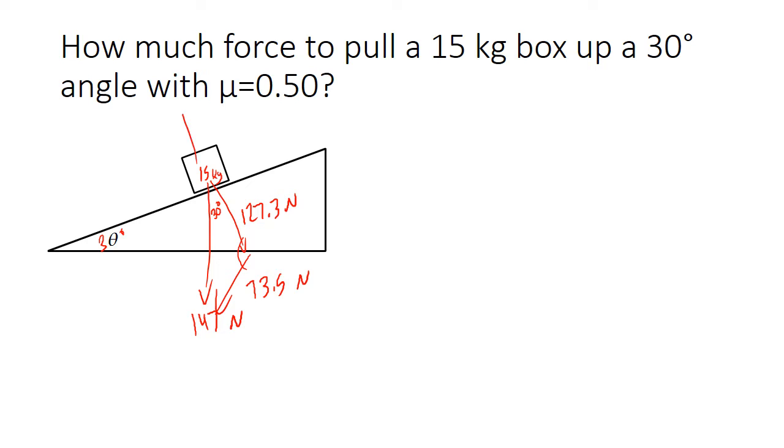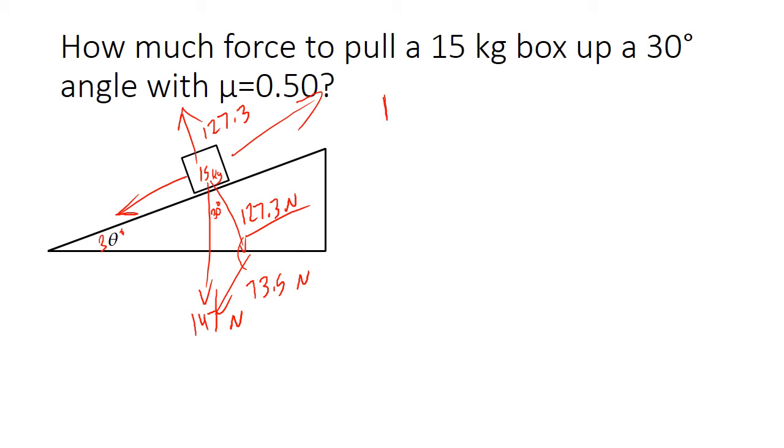Okay, so far so good. Let's put all the other forces up here. We're going to have a normal force. We know what the normal force is. It's going to be opposite this one here, 127.3, because that's where it's at. So we're pulling the block up this way. So friction force is going to be pulling it down.